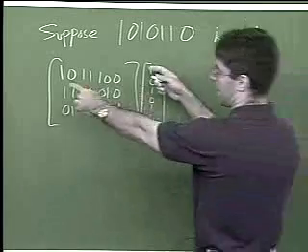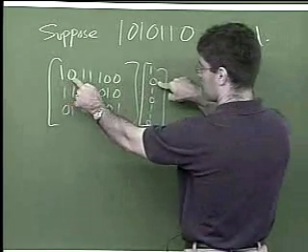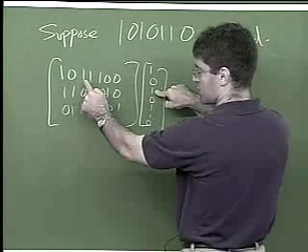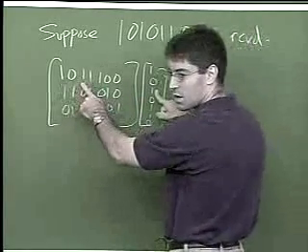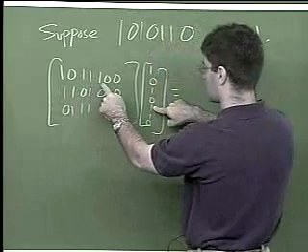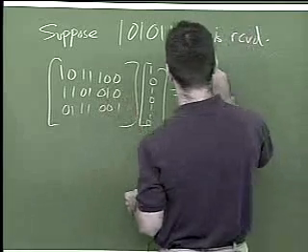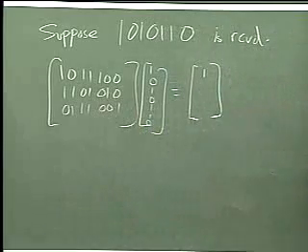The top row gives me 1 times 1 is 1, plus 0 times 0 is 0, plus 1 times 1 is 1, so I've added 1 and 1, that's 0. Plus 0, plus 1, so I'm at 1, plus 0 plus 0. So my top bit's a 1.